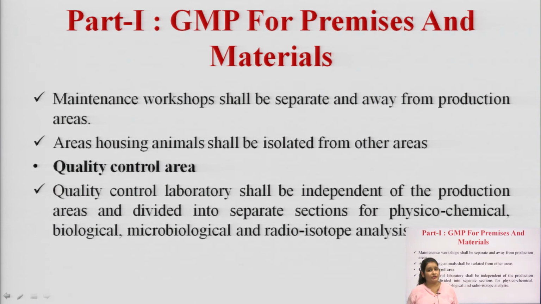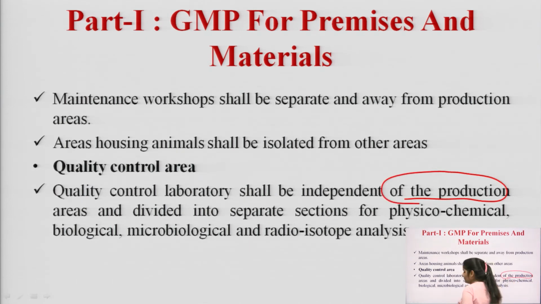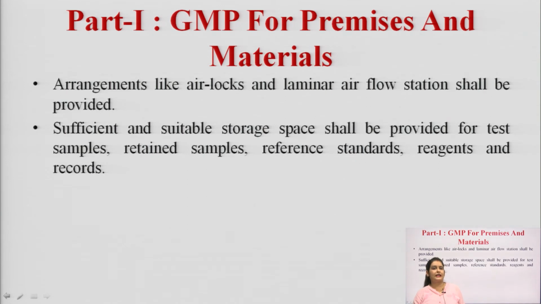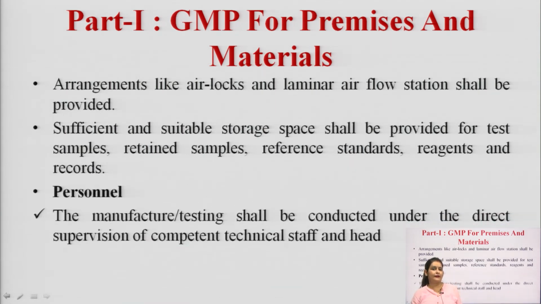The laboratory shall be independent of the production area, and divided into separate sections for physico-chemical, biological, microbiological and radioisotope analysis. Arrangements like air locks and laminar air flow stations shall be provided. Sufficient and suitable storage shall be provided for test samples, retained samples and reference standards.